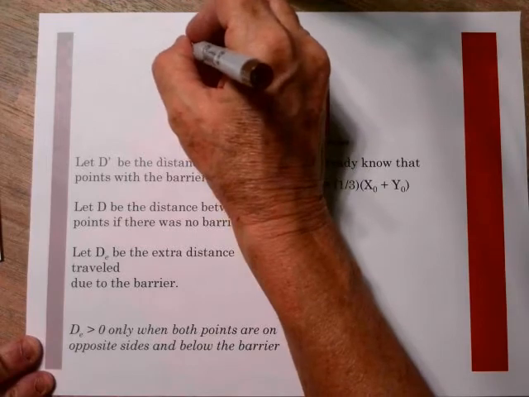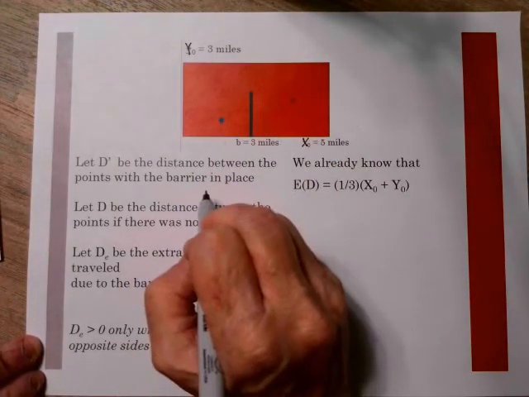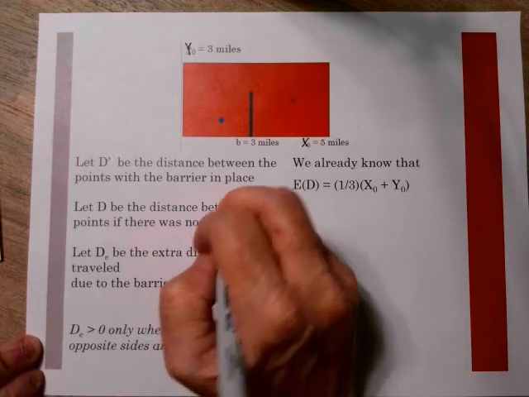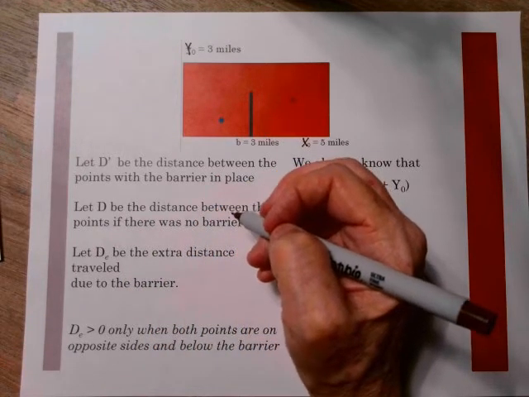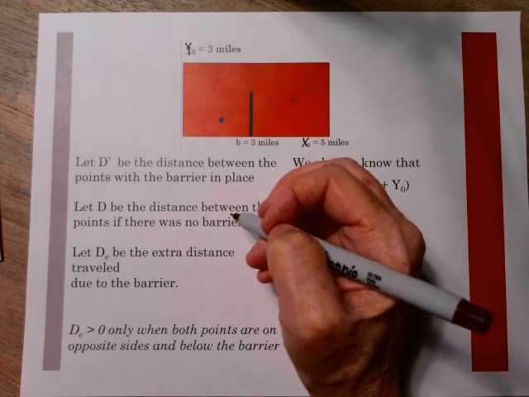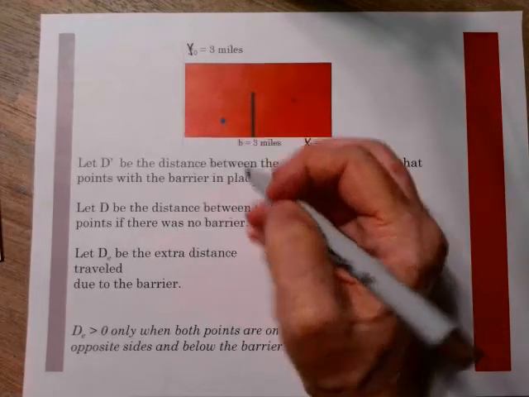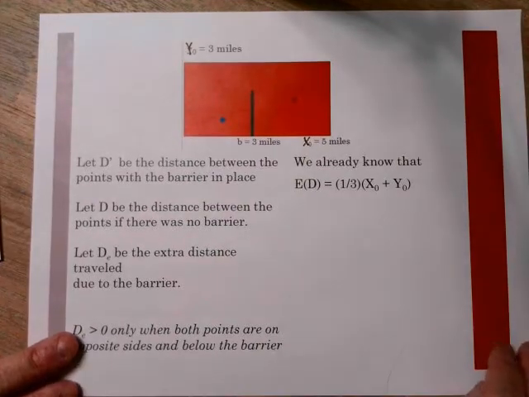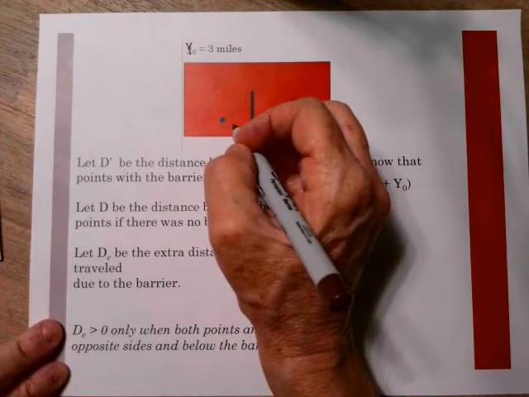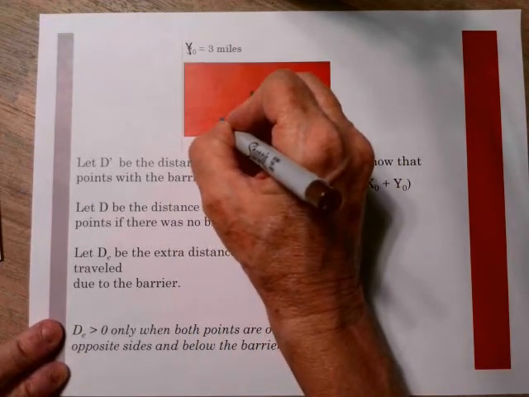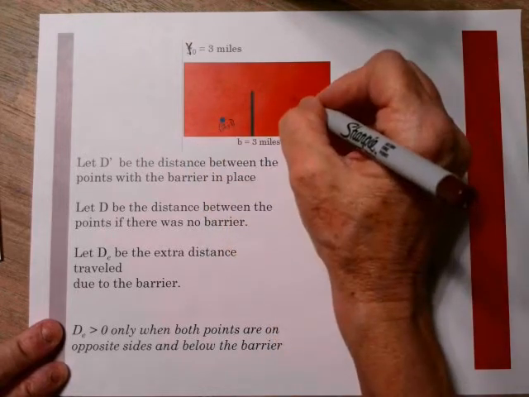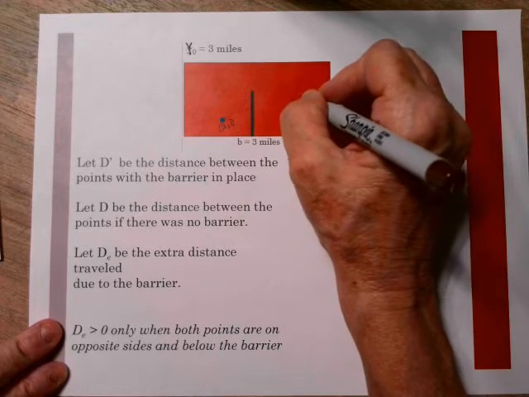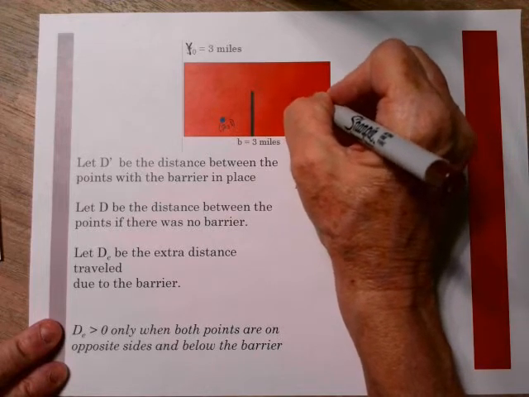So that's a big X, that's a big Y. Maybe I should just write the coordinates down. The coordinates of this blue point, which is where the accident is, are 2, 1, and the coordinates of the red are 4 and 1.5.